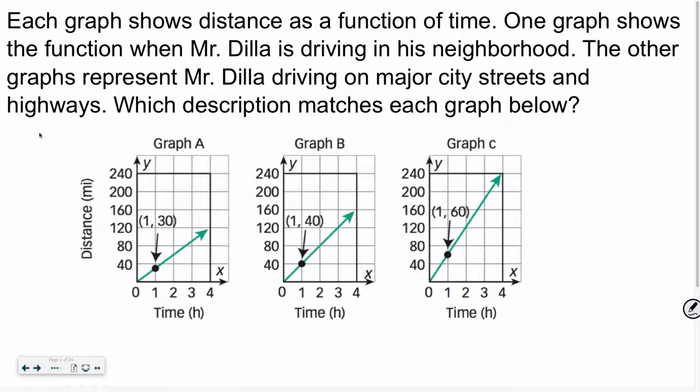Alright, so we know it's linear, so we know it's going at a constant rate. Can we find the constant rate that it's going at? So what is it? What's the slope of that line?